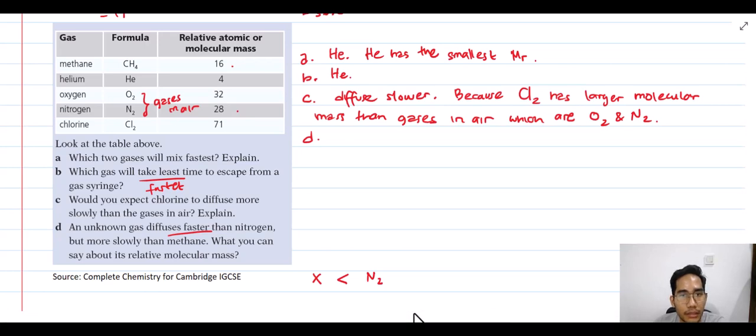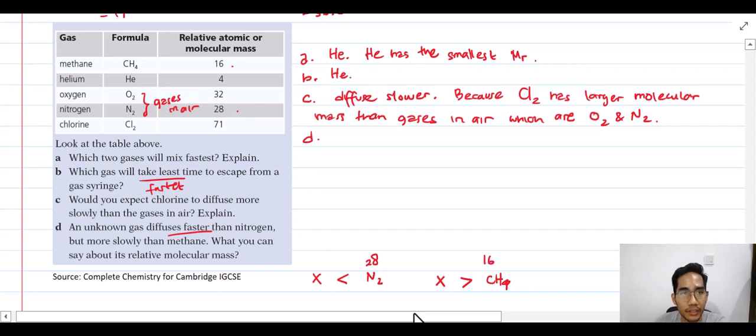N2 has mass of 28. Okay, got it? Now, X diffuses more slowly than methane, so we can conclude that the molecular mass of X has to be larger than methane, which is CH4. CH4 has the mass of 16, right?